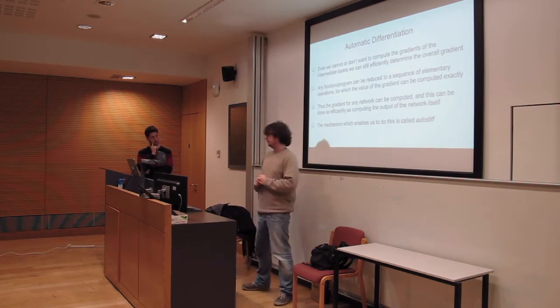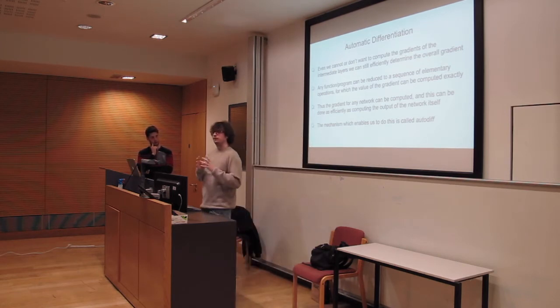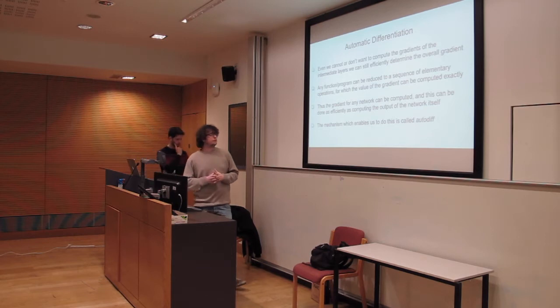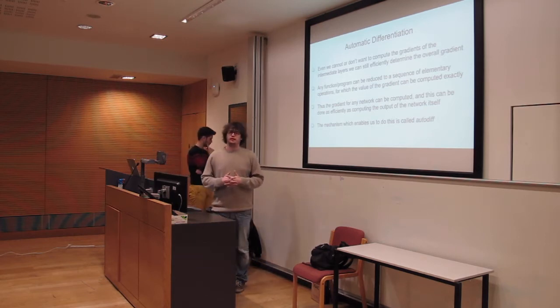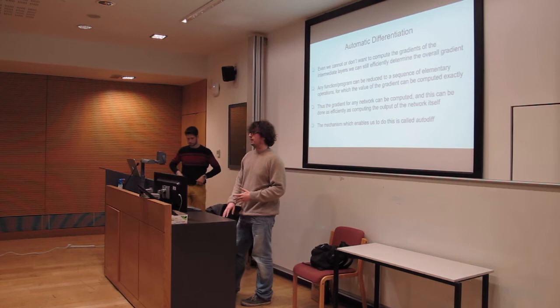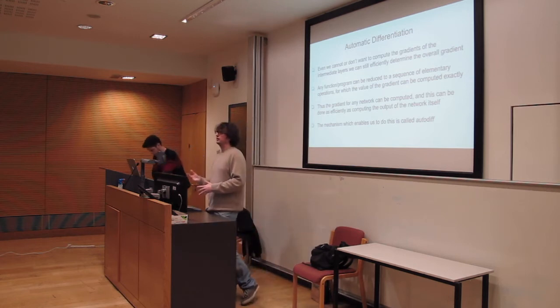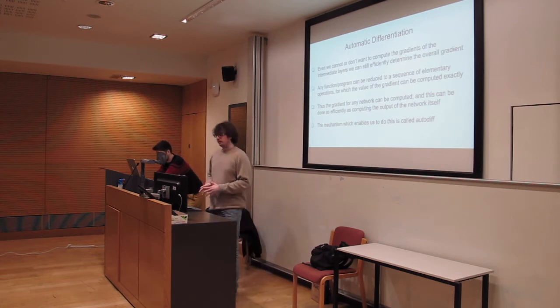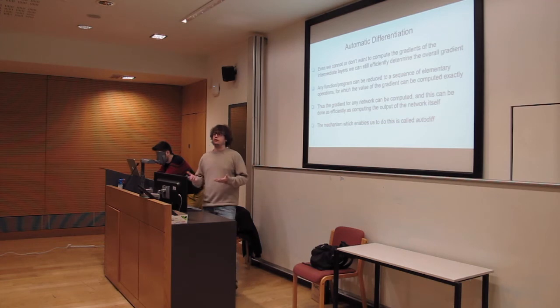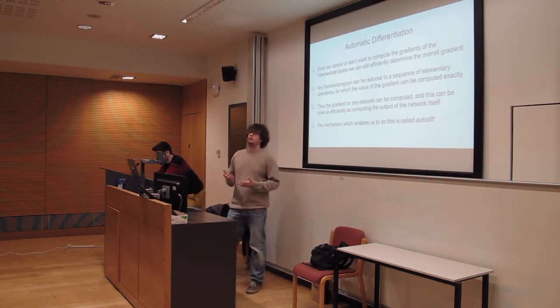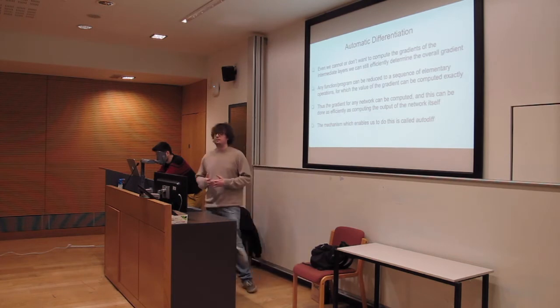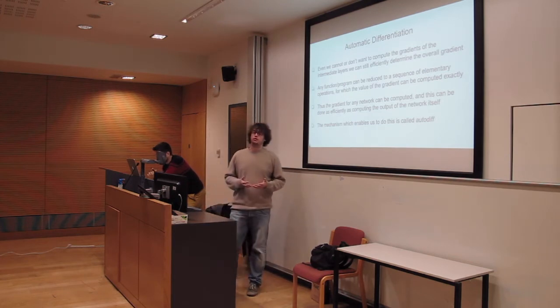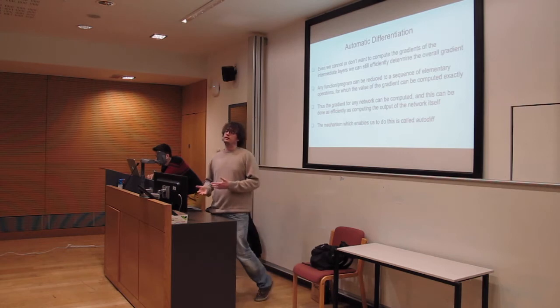Interestingly, if you don't even want to compute the gradients for each single individual node, there is a way of computing gradients for the entire network without passing through the step of deriving yourself the gradients for each of the individual transformations. This can be done because any program, so any function in your script that you write, can be reduced to a sequence of elementary operations for which gradients can be defined.